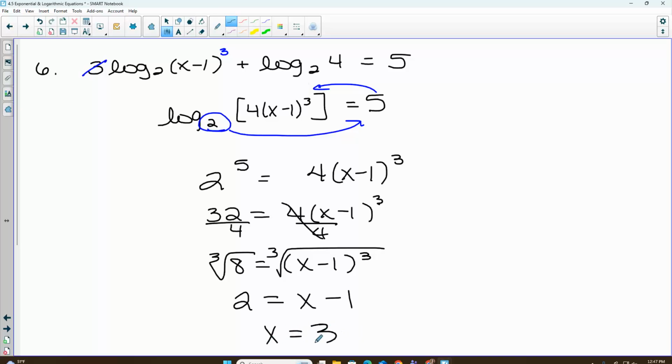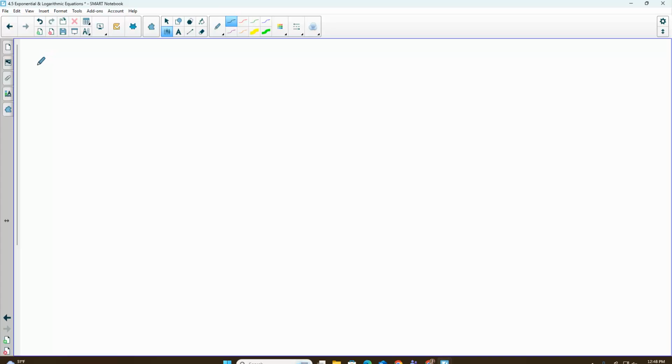We add our 1 over, we get 3. What do we have to remember on these? Check. Remember, the argument always has to be positive. 3 minus 1 is positive, so we're good. All right. I think we need more of those.